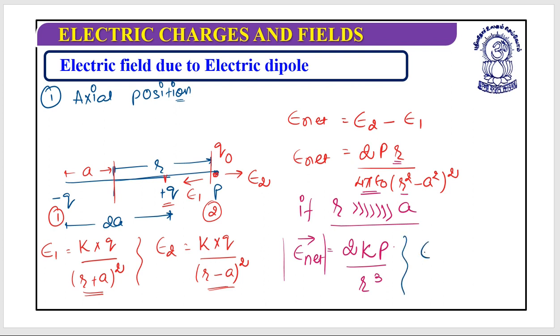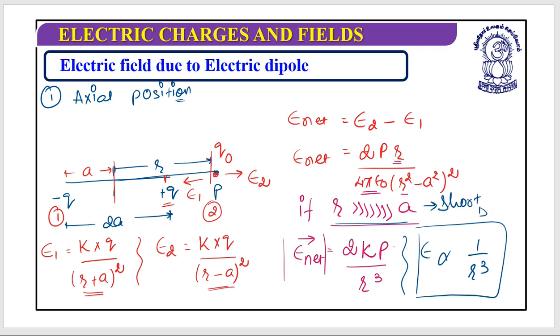So we can simply write E is directly proportional to 1 by R cube, if other things remain constant. So this is the axial position. If I have been given R much greater than A, this is what we consider a short dipole.